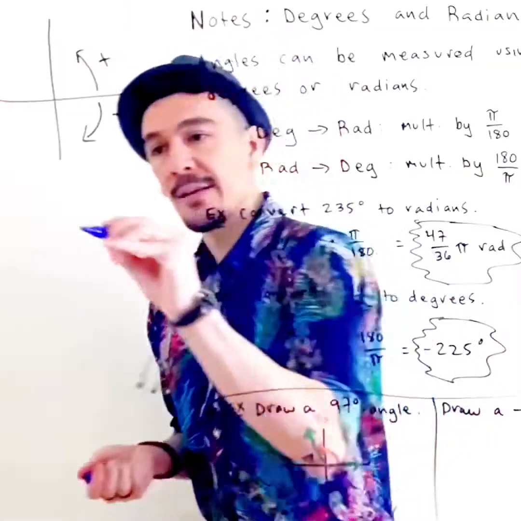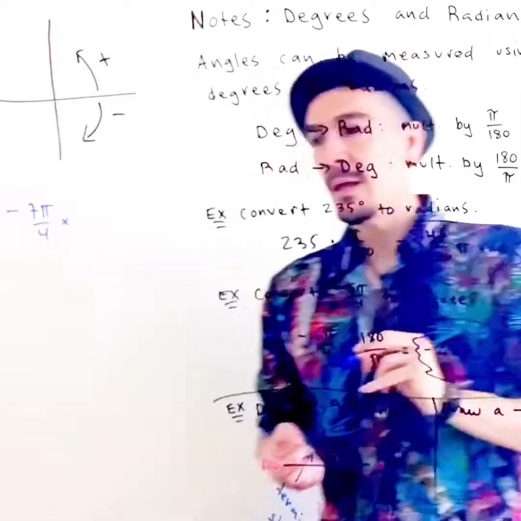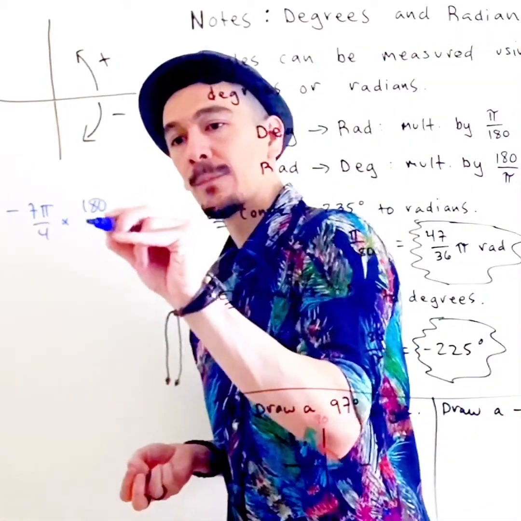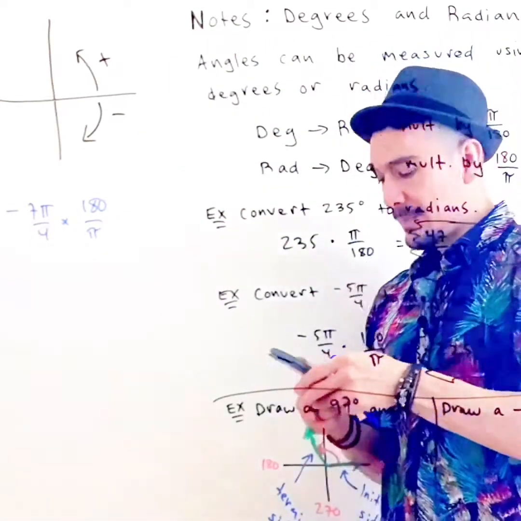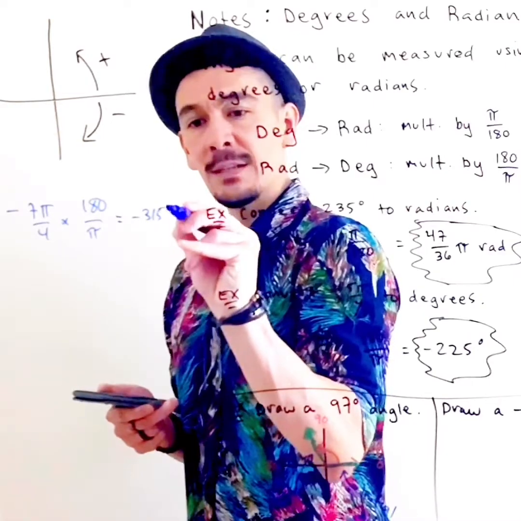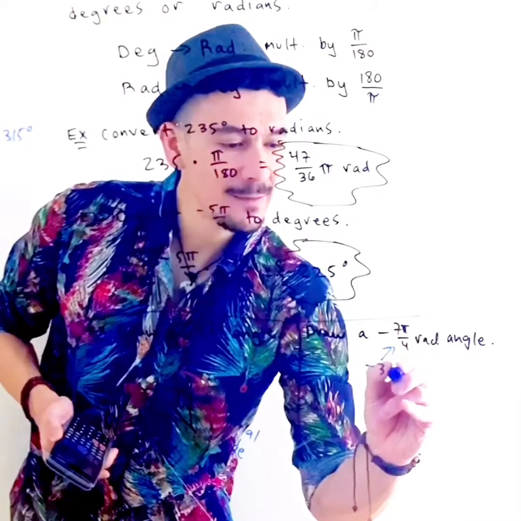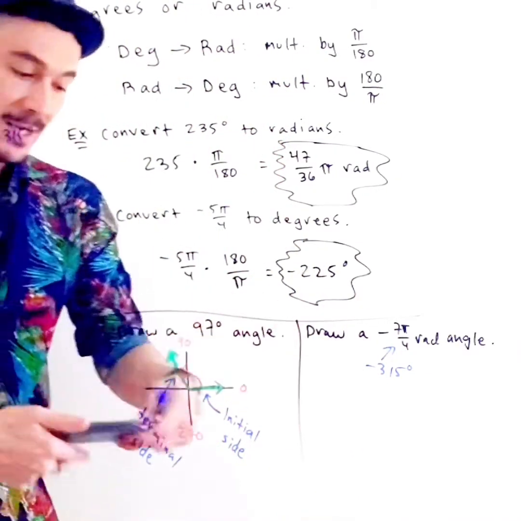Take negative 7 pi over 4 and multiply that by 180 over pi. Let's go to our Casio. Let's type that in: negative 315 degrees. So it's the same thing. Let's just graph this and we're done for today.